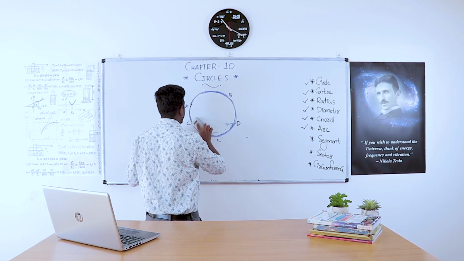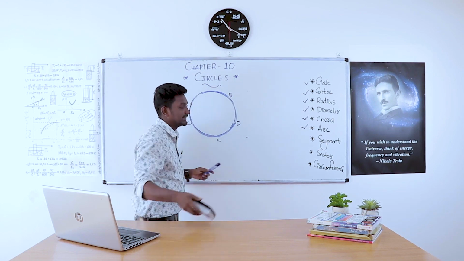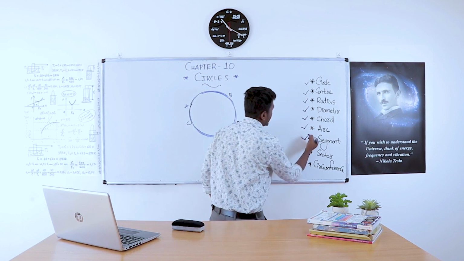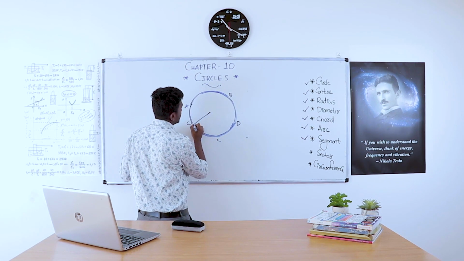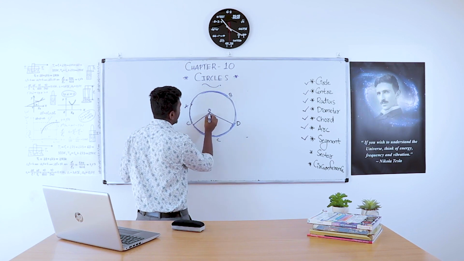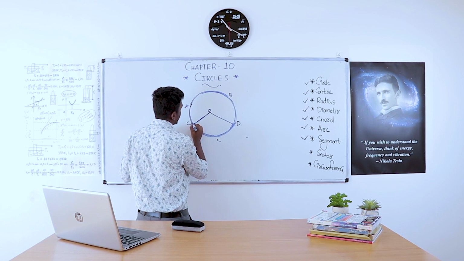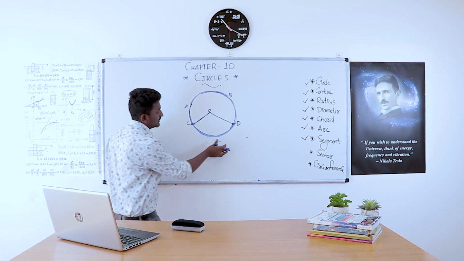Now the next term we have to explain is sector. What is a sector? Now consider two radii of the circle, that is OC and OD.